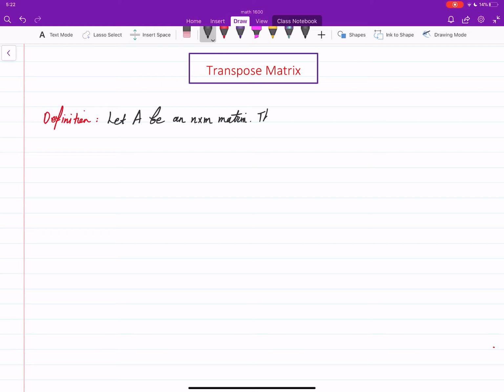Then the transpose of A, which has a notation, is denoted by A transpose. The transpose of a matrix is a matrix.